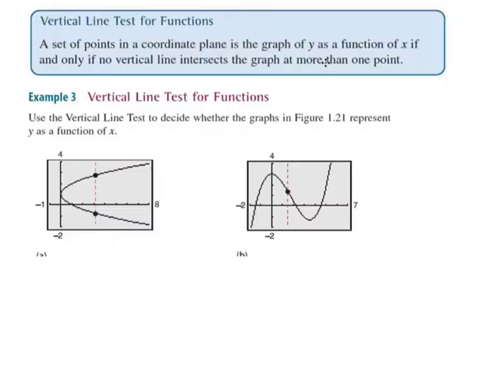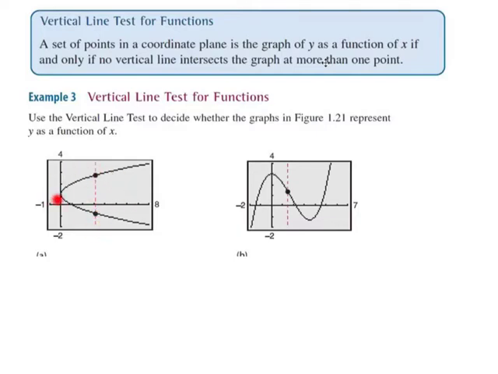Okay, now let's get to the vertical line test for functions. This says that a set of points like this or this in a coordinate plane is the graph of y as a function of x if and only if no vertical line intersects the graph at more than one point. So here you can see on this graph, when you draw a vertical line, it's going to intersect this graph in two spots.